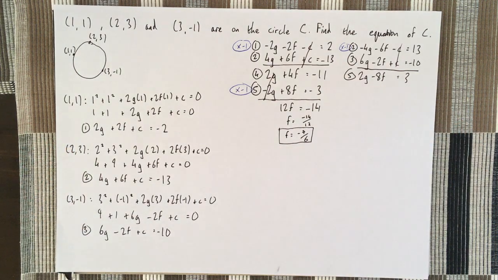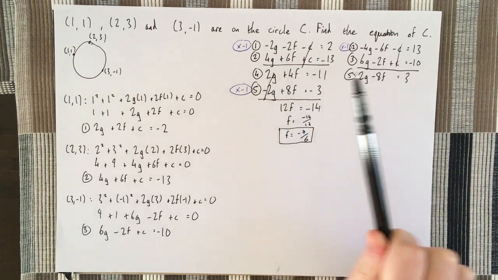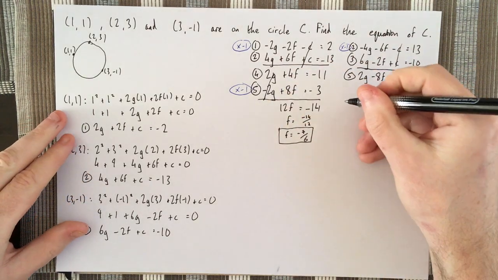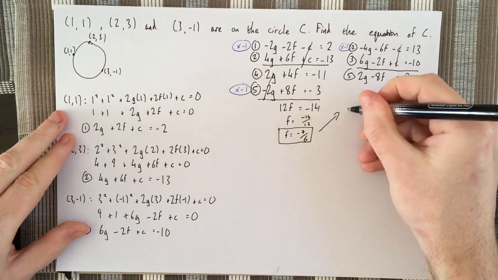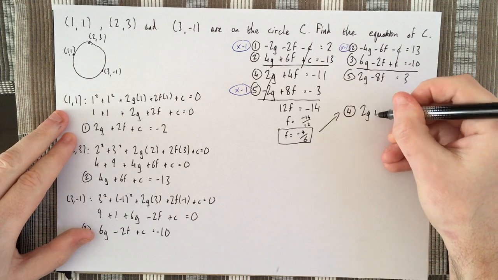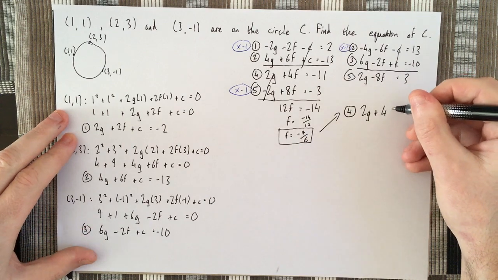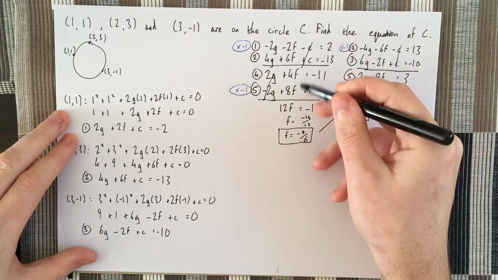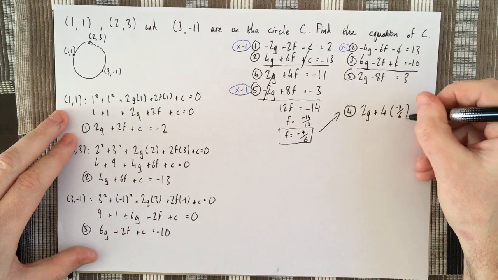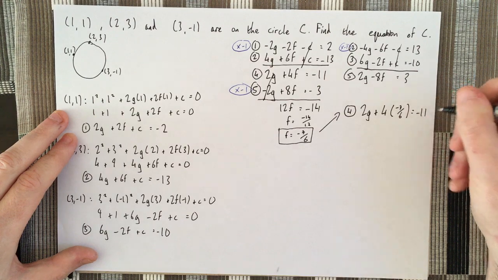Now to solve for g, you either pick equation 4 or equation 5 and you sub in for f. So I'll just pick equation 4. So 2g plus 4 times, I know f now is minus 7 over 6, is equal to minus 11.